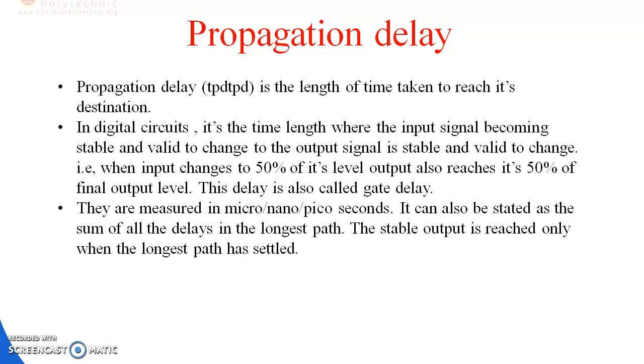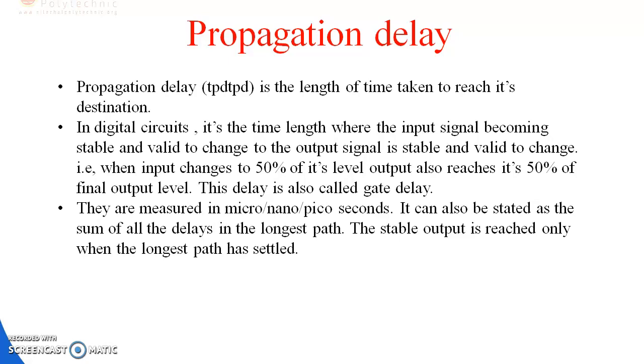In digital circuits, it is the time between the input signal becoming stable and valid and the output signal becoming stable and valid, that is, when the input changes to 50% of its level, the output also reaches 50% of its final level. This delay is also called gate delay. It is measured in micro, nano or picoseconds.